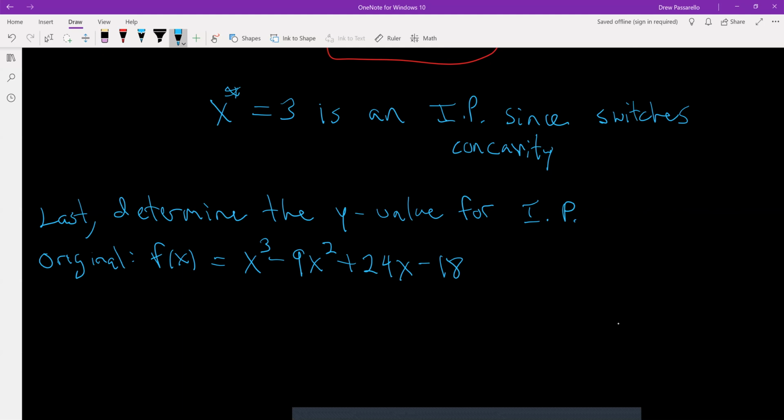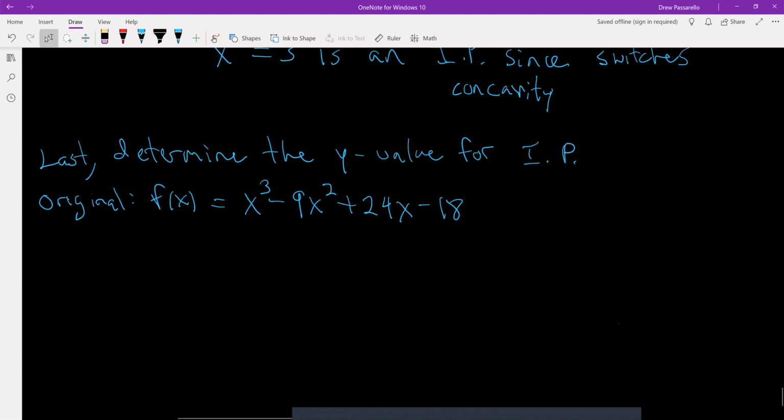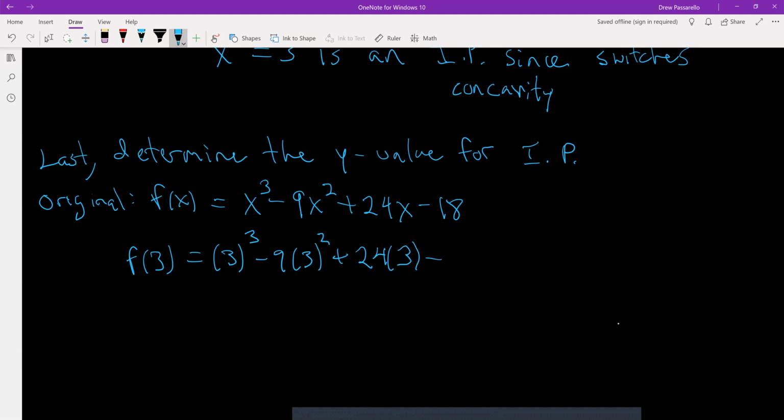All right, so now I plug in 3. So 3 cubed minus 9 times 3 squared plus 24 times 3 minus 18.